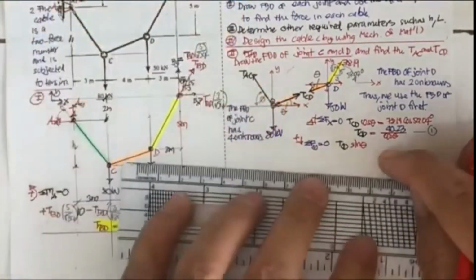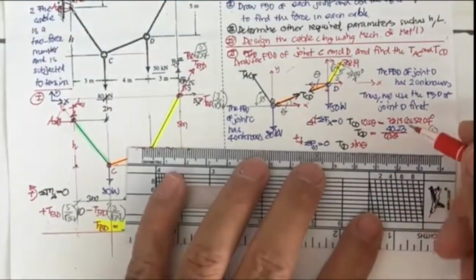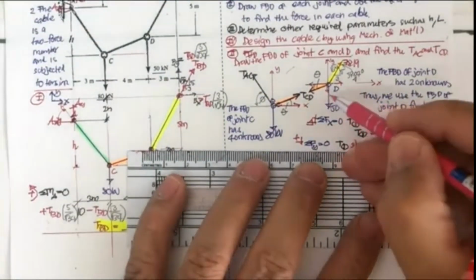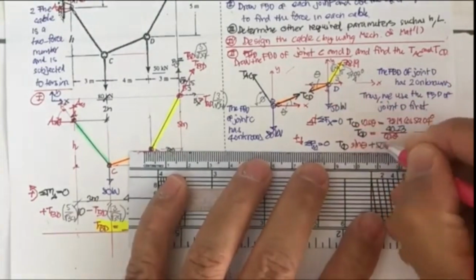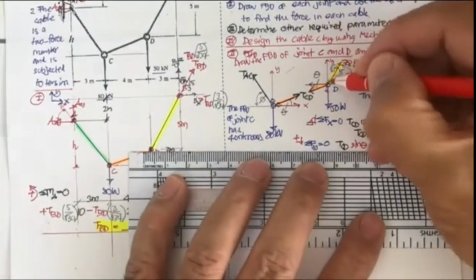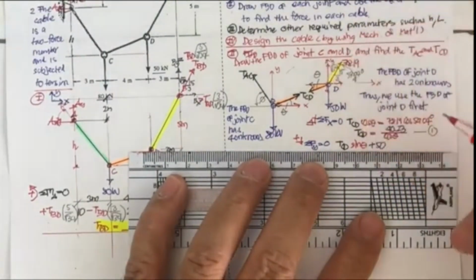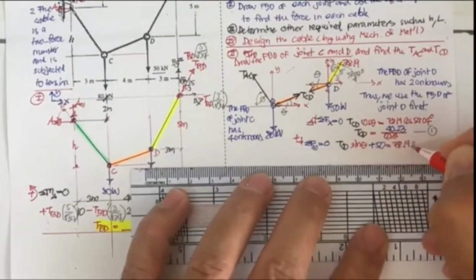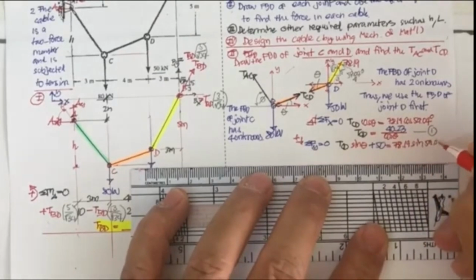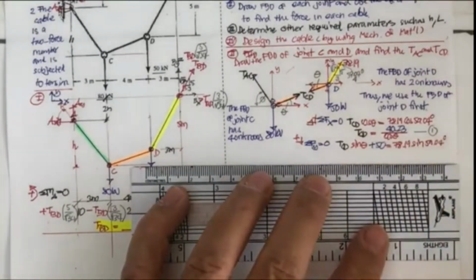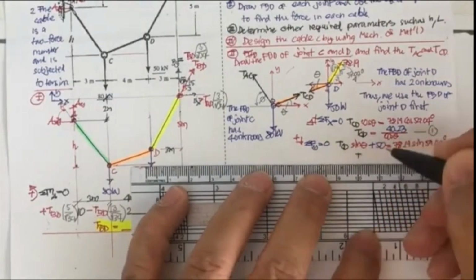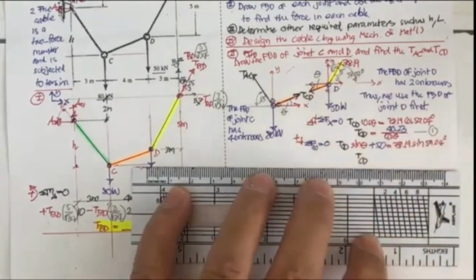Okay, and next, what is going to be? It's going to be what's downward, right? It's going to plus 50. Downward, it's going to plus 50. And then this one is going to be upward. So it's going to be equal to 78.19 sine 59.04 degree.